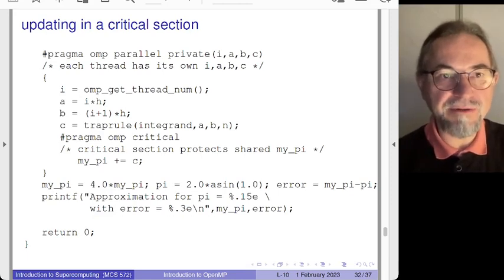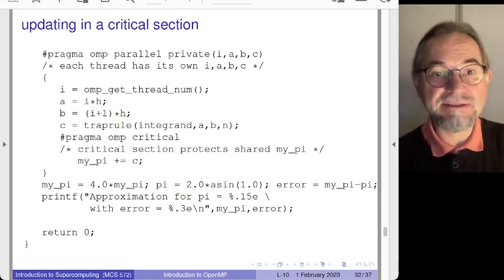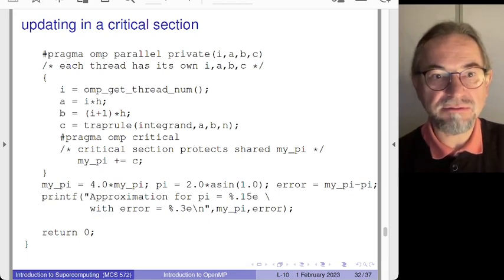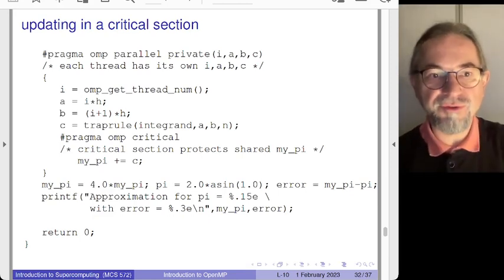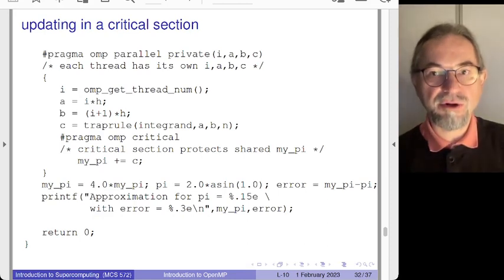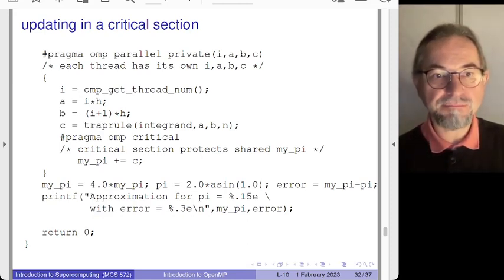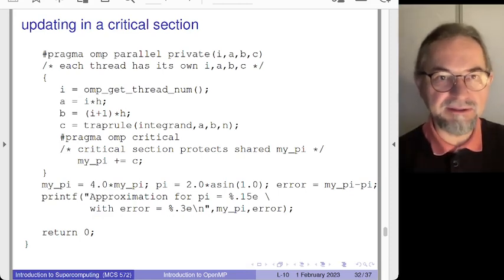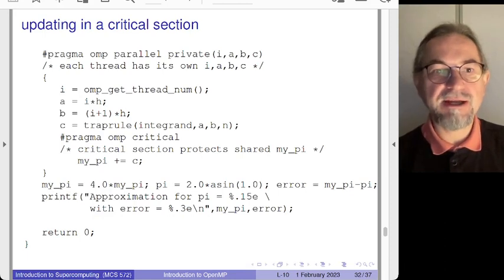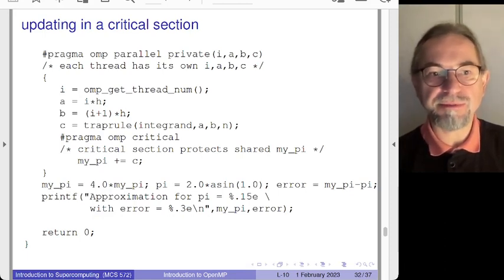So there is this private clause, and then there is the critical section. In the critical section, every thread will update the current approximation for pi. Actually, it's pi over 4. So at the very end, when the parallel region has ended, it will be multiplied by 4.